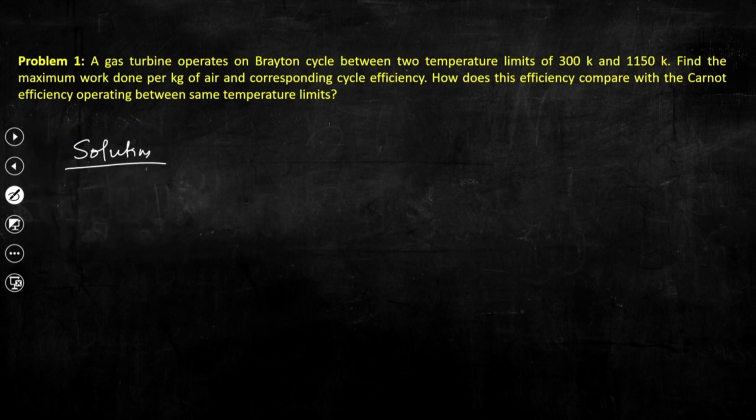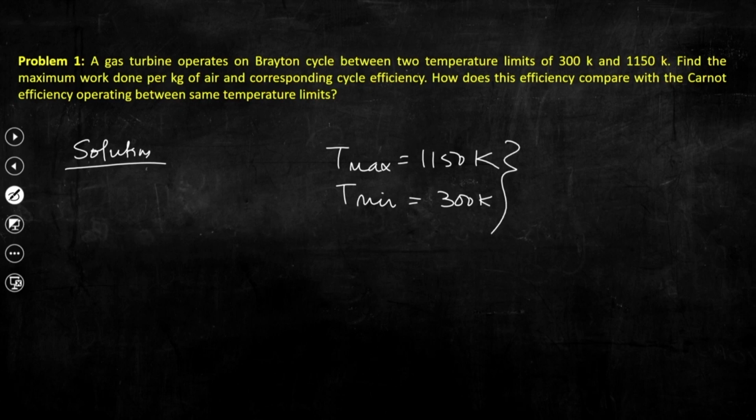So, it is given T max equal to 1150 Kelvin, T min equal to 300 Kelvin, and we need to calculate what would be W net max, maximum work done per kg of air. So, air is the working fluid.